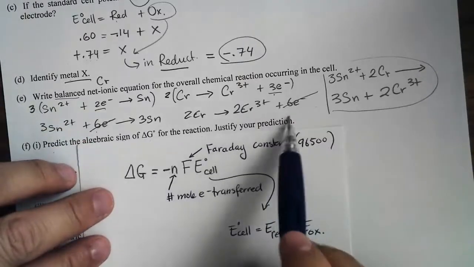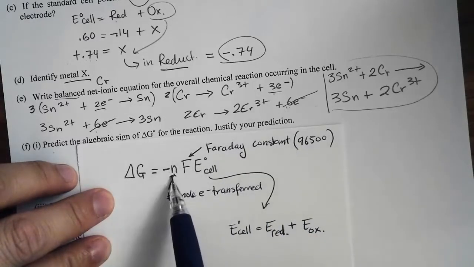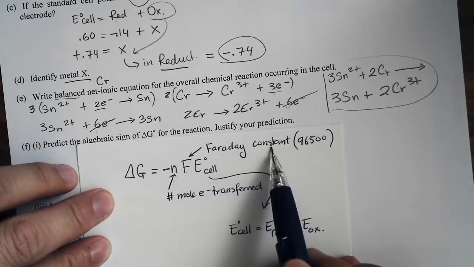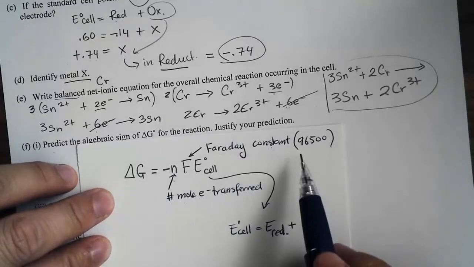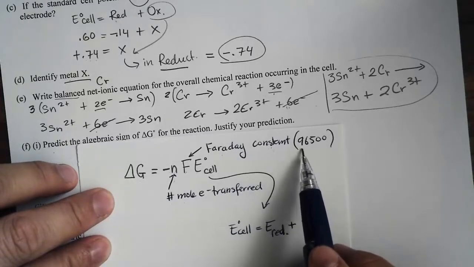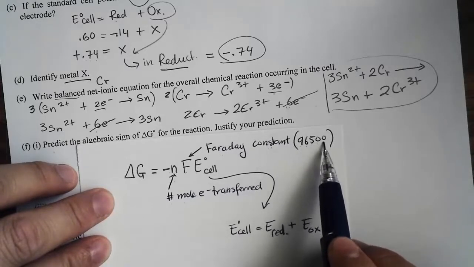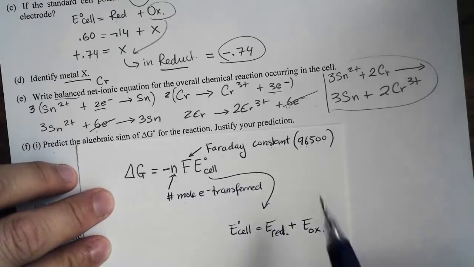In this case, the balanced equation tells us that 6 electrons are being transferred, so n is equal to 6. And F is the Faraday constant, a conversion factor. Basically, for every 1 mole of electrons, there is 96,500 coulombs of charge.